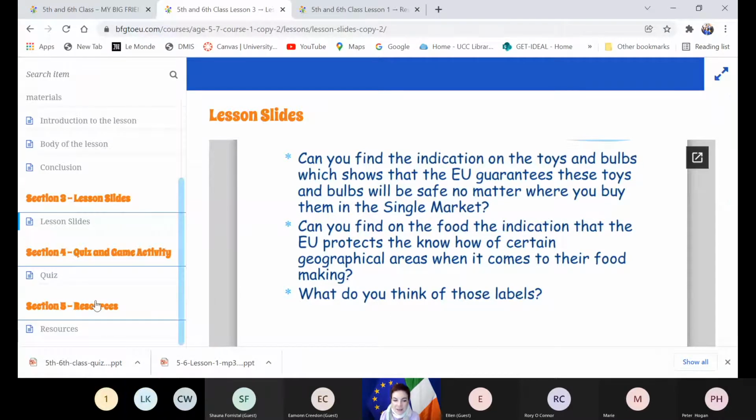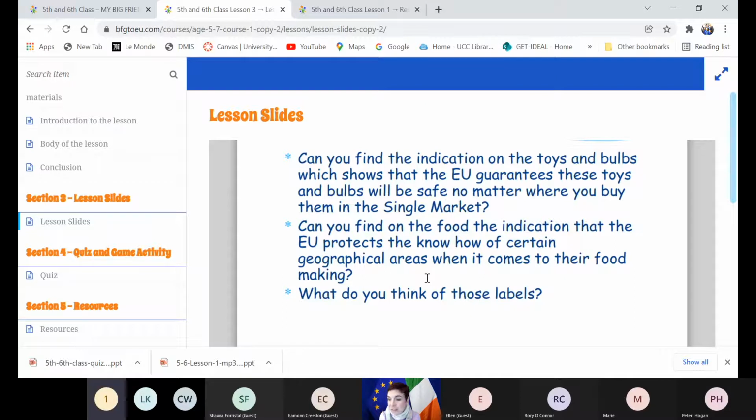You have an exercise in the resources, which is about foods. If you are aware, there are certain EU symbols for where the food comes from. So we get the children to look at the pictures, or you get the produce yourself, and get the children to find the logo that indicates that it is protected by the European Union.